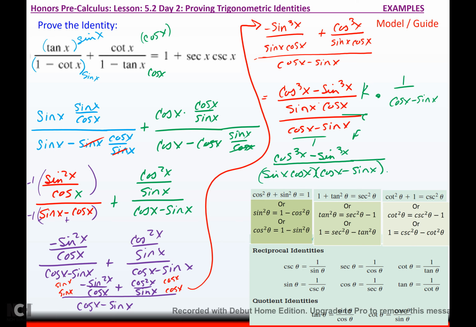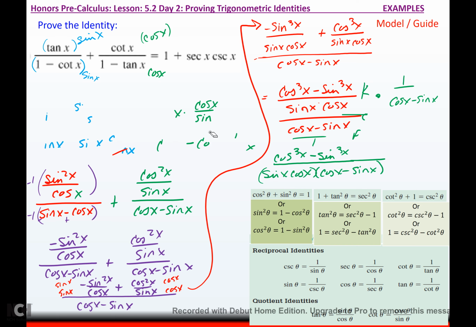So now if I factor the top, which is a difference of cubes, which I don't have any more room to do, darn it. Alright, I'm going to have to erase some, sorry. Darn it, that's not going to look good, is it?